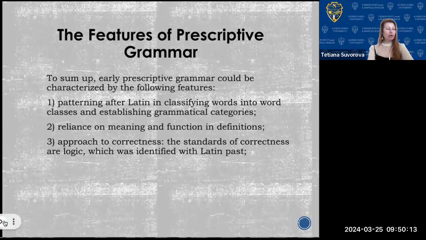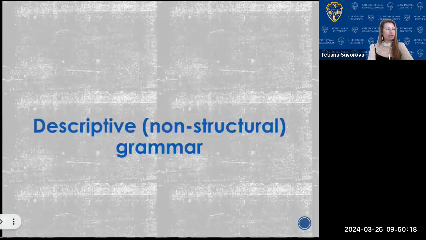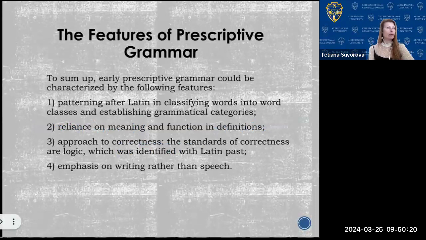You see? Okay. So if today we speak about theoretical grammars, then we speak about some theories and so on, and describe a historical approach and different types of grammars. Here I can mispronounce words, I can shorten, abbreviate them, whatever, because it's not the purpose of today's lecture, today's meeting, to speak about correctness. Here it is about the descriptive academic discipline. Okay, and emphasis on writing rather than speech.